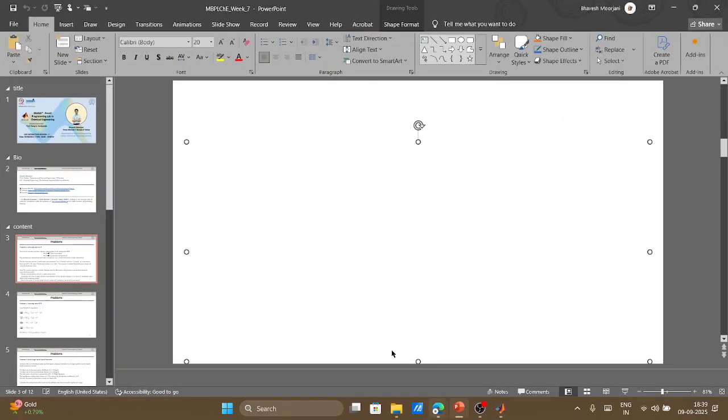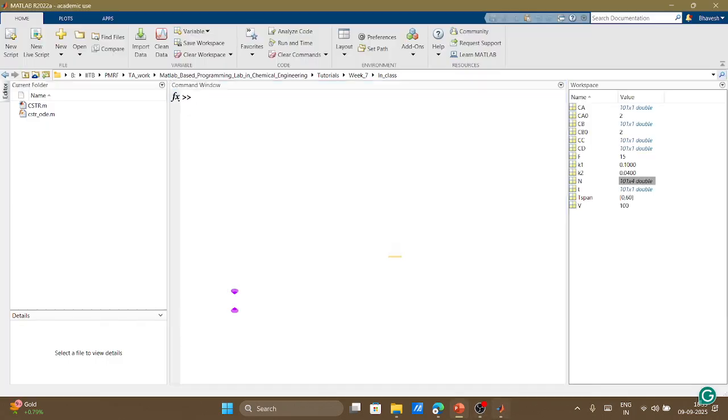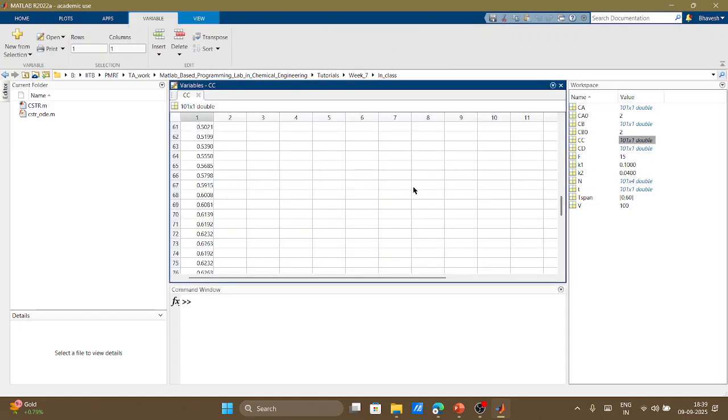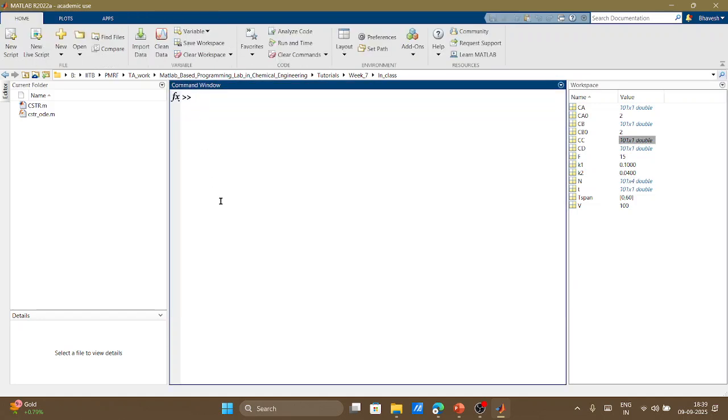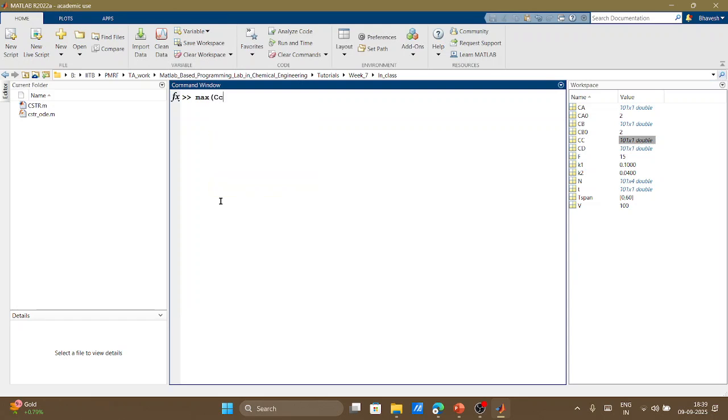Now what has been asked of us? We have been asked to plot the concentration with time, that we did. Determine the time taken for the concentration of the desired product to reach the maximum value. And what is this maximum value? Now I have the data of CC. I have all the concentrations for C, right? So I can use the maximum command to find out the answer, right?